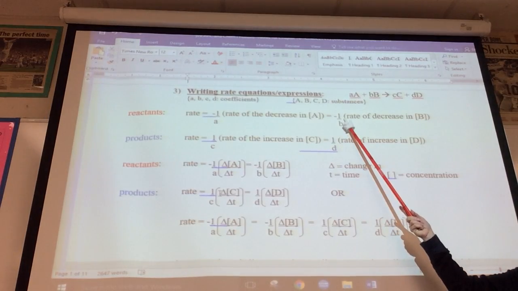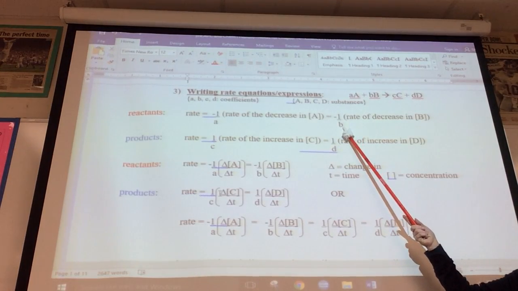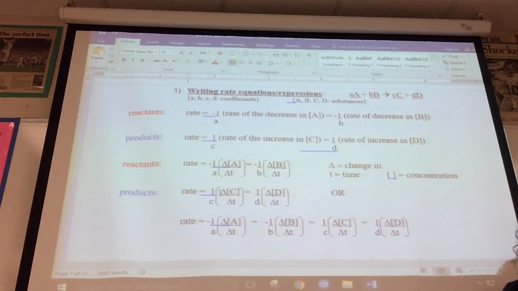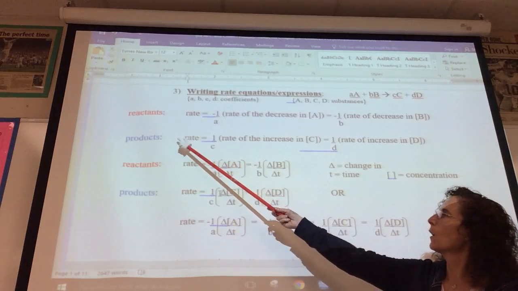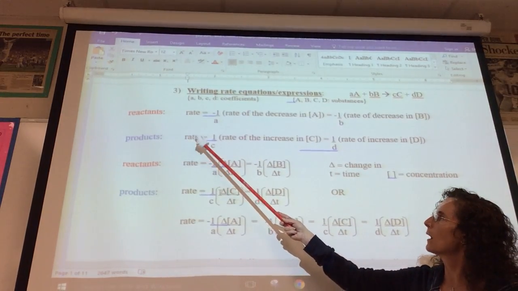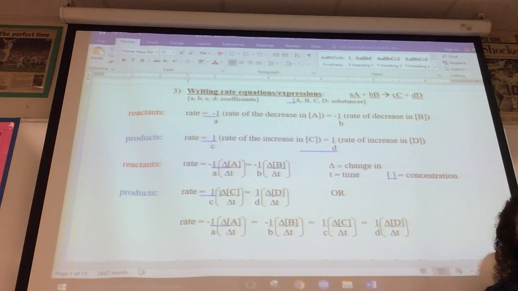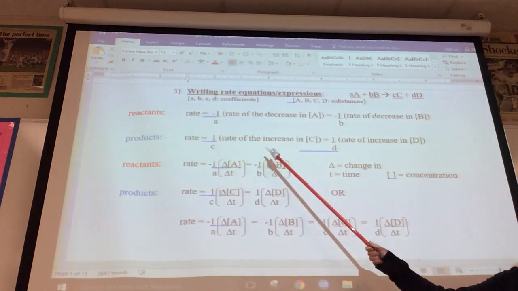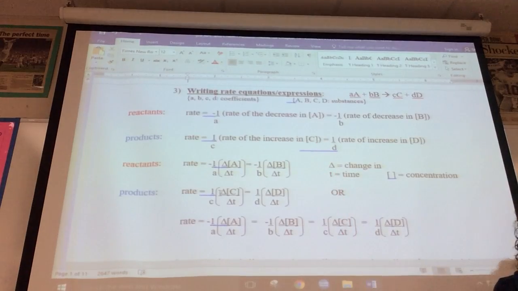The other reactant, again, -1 over the coefficient, rate of decrease in the concentration of B. Now look at the product rate equation. How does a product rate equation differ from a reactant rate equation? +1 for product, and the amount's going to increase instead of decrease.